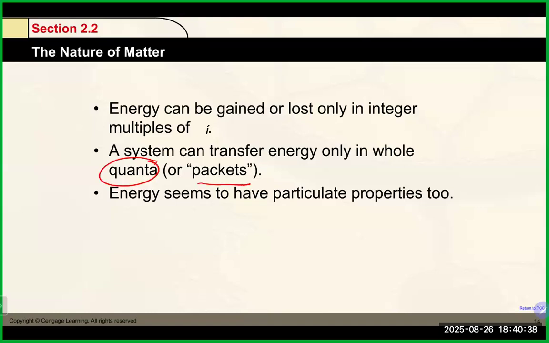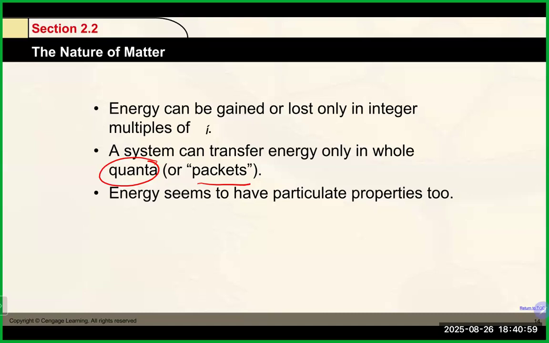And energy seems to have a particle-like property in addition to a wave-like property. So there's this dual nature of light where it can have characteristics very similar to waves and also characteristics similar to packets or streams of particles.